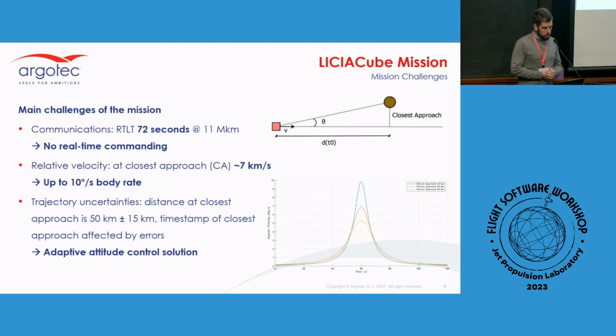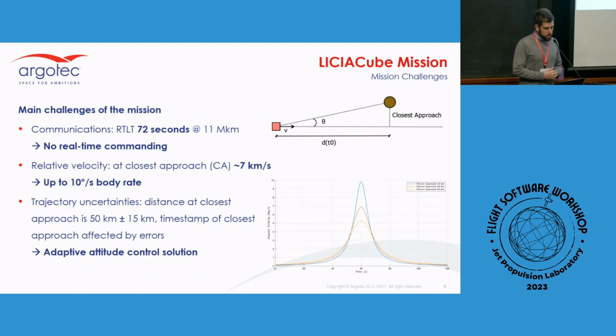As a last point, there were also trajectory uncertainties. Of course, the orbit determination team worked hard to keep these uncertainties as low as possible, but in the end, the distance at the closest approach could vary between 35 and 65 kilometers, a relatively big uncertainty.